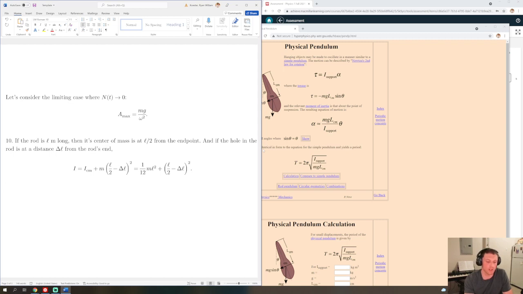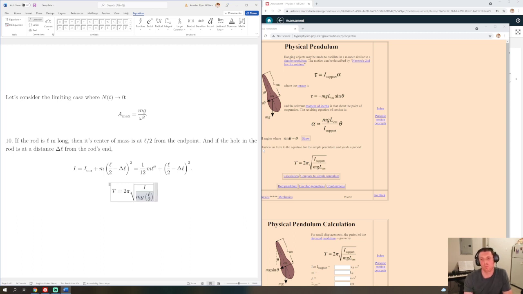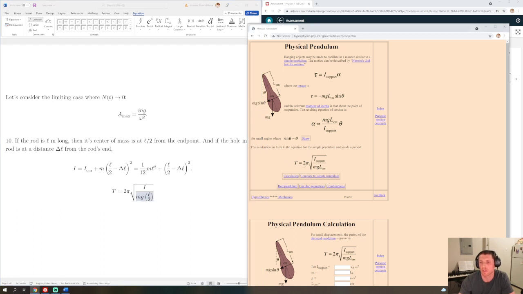And so you should end up finding that T is given by, and this is just an expression that you could find in the textbook or that Patrick's probably mentioned, I over mg. And then remember that we want the position of the center of mass here, so we have to use L over 2 instead of just L. Is that correct?